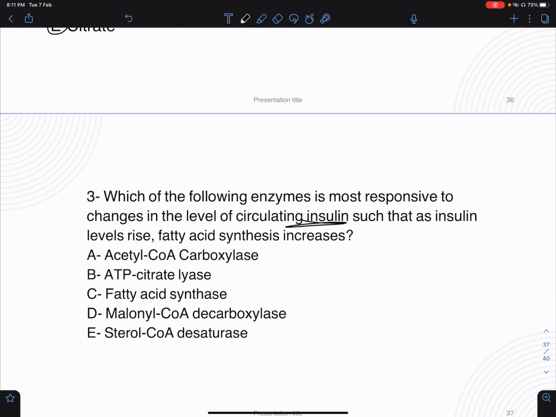A. Yes, A. We didn't choose B or C because, as we said, A is the rate-limiting step. This is the most highly regulated, it's the committed step. Most times we gravitate towards the rate-limiting enzyme. So any questions on this question?